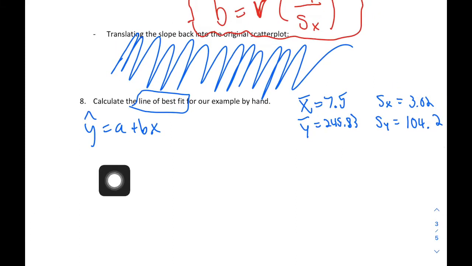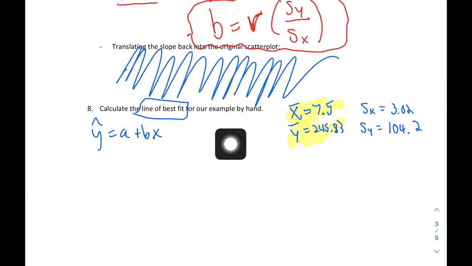And we can do that because as of right now, we know two things. We know x bar and y bar. We can plug these in because we know that this has to be a point on the line that we're trying to find. So I can plug these in and then figure out the remaining two pieces.